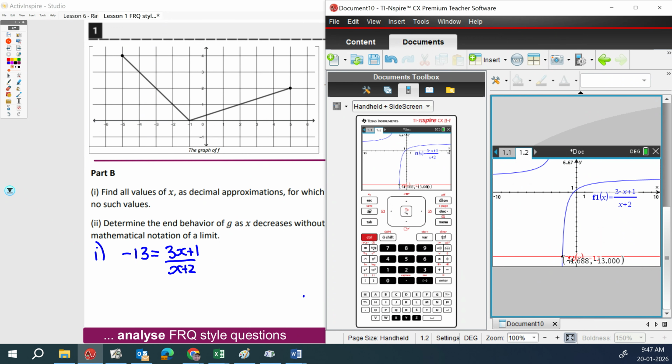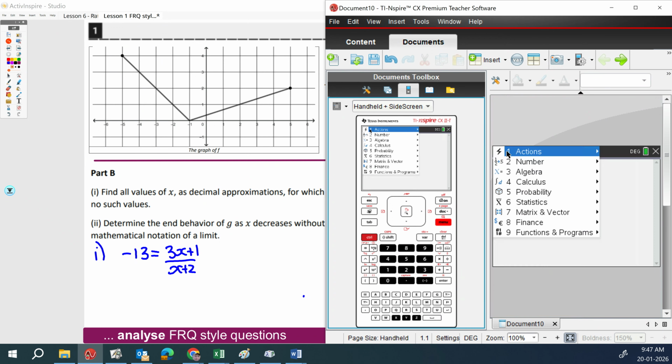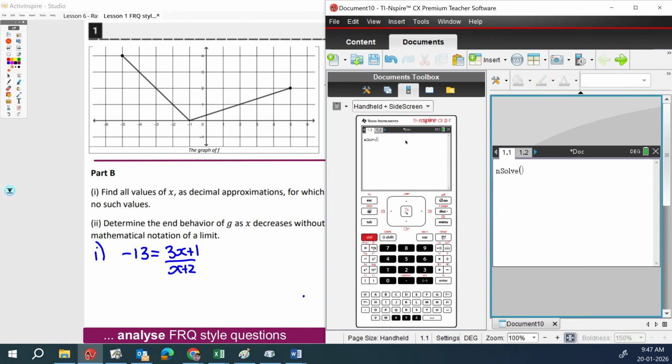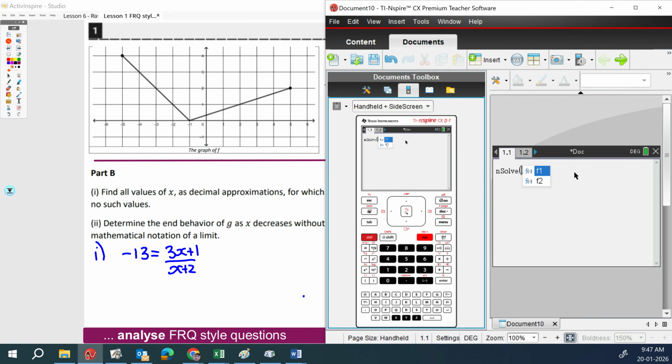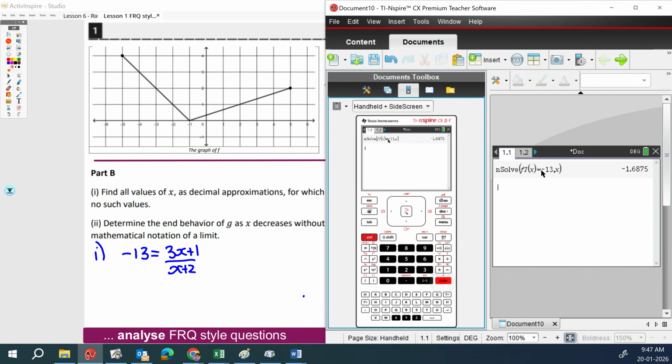Another way to solve this one is here on this page. Once you put the graph in, we can press Menu. We saw there on the graph there was only one solution, so n-solve is a very suitable technique for this one. And we can just n-solve f1 of x is equal to negative 13, solve for x, control enter. And we get minus 1.68. Notice this is in 4 decimal places.